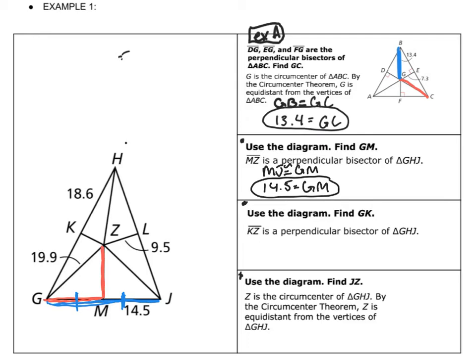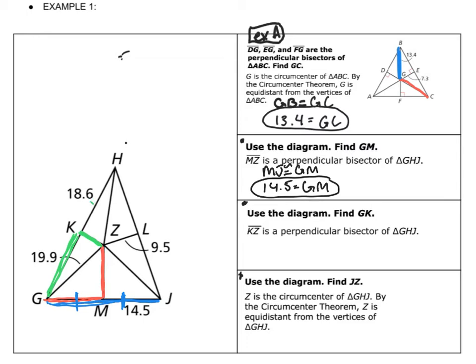Next one we want to find is GK. So we're looking for GK. It says KZ is a perpendicular bisector of GHJ, right? So we know right here is a perpendicular bisector.